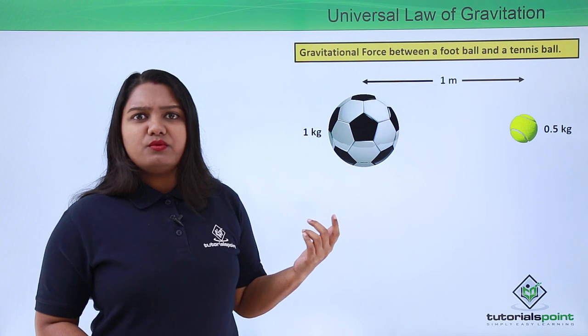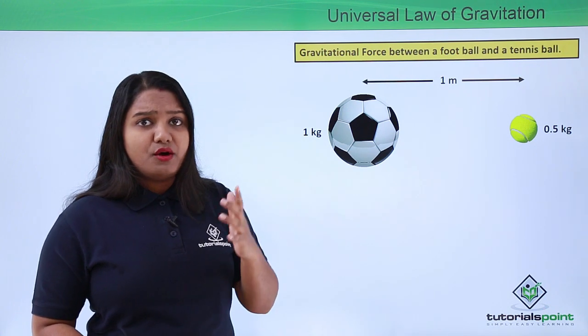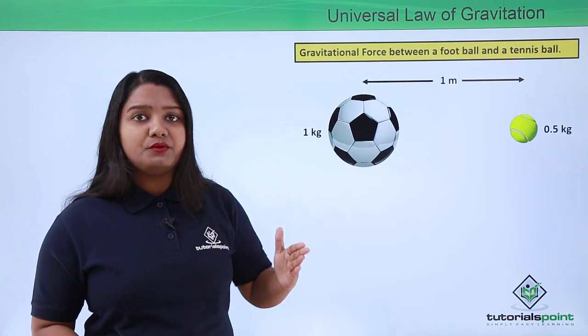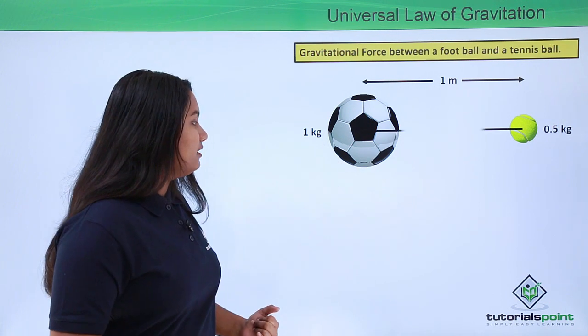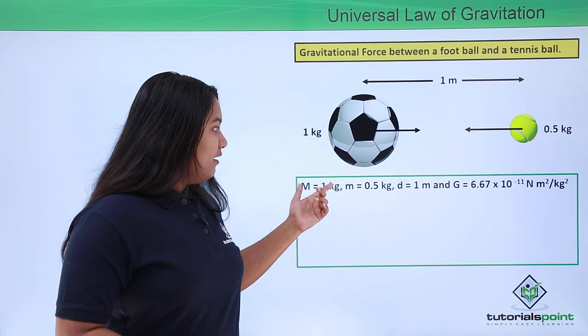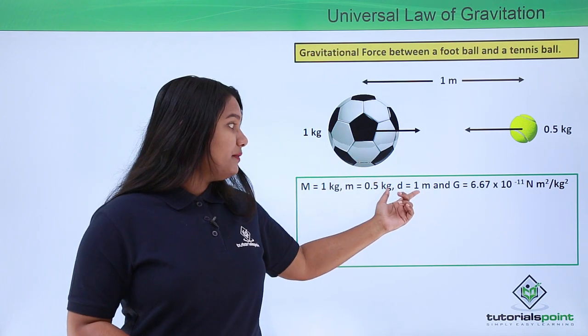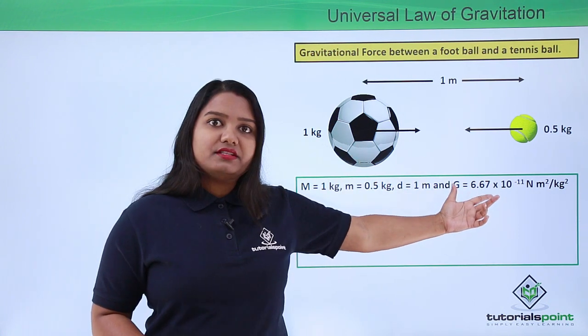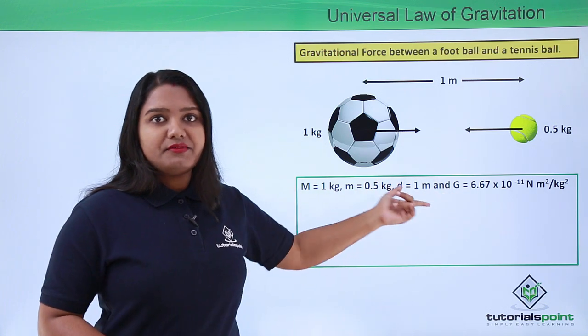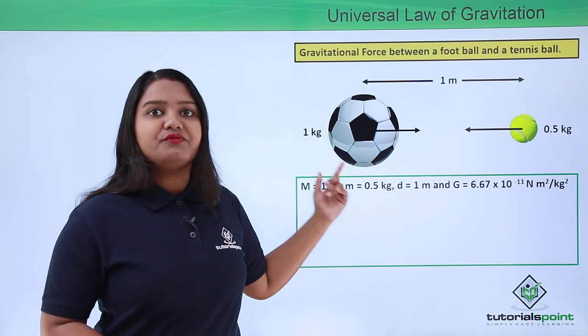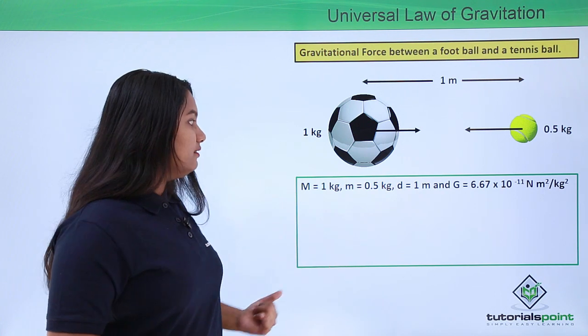Now we can simply use the formula given by the universal law of gravitation to arrive at the magnitude of force that exists between two bodies. So here we have all the values of the masses, the separation, and the gravitational constant. This is all that we require to find the force of gravity in this case or any other case.